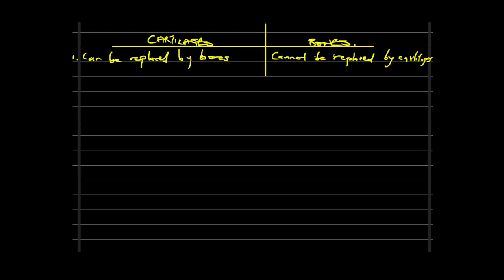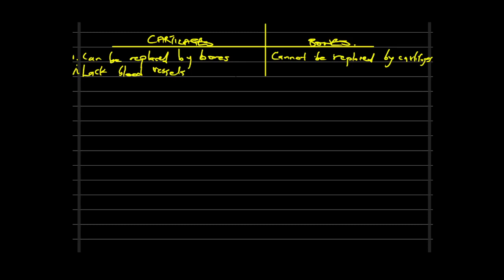And lastly, we have this saying that the cartilages do not have blood vessels. They lack blood vessels. But bones have blood vessels.